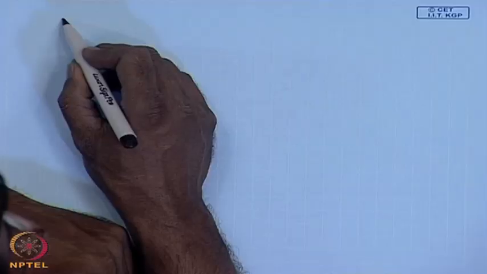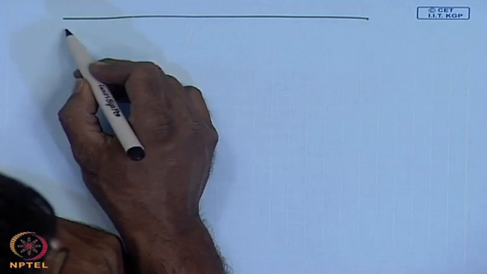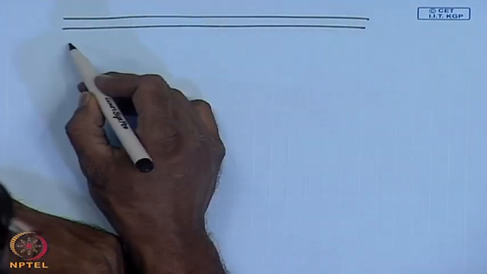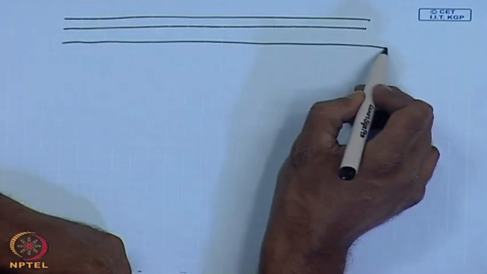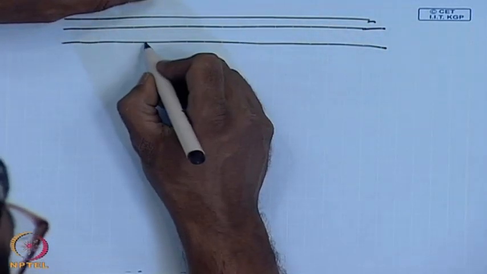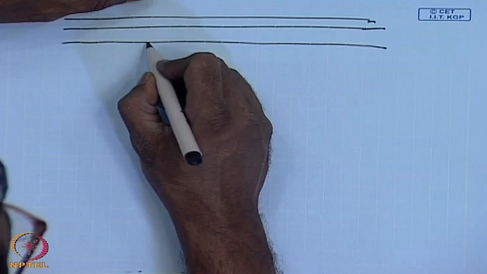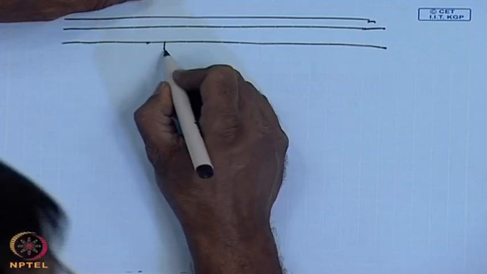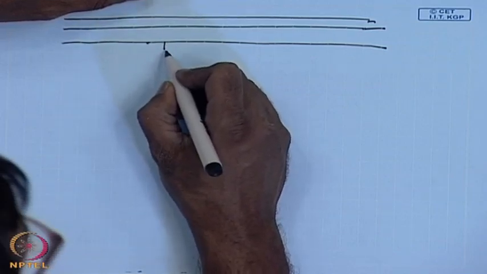Let us say this is the 3-phase main supply line, and you have connected one of the windings in parallel.